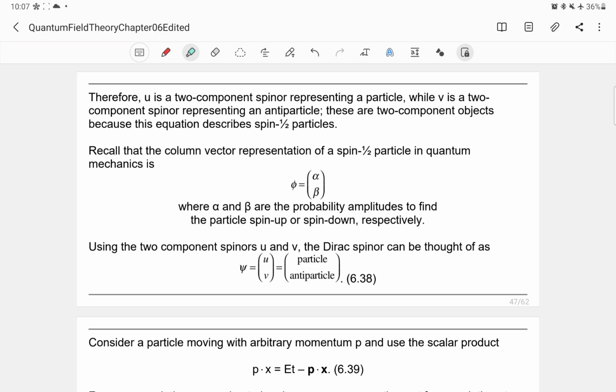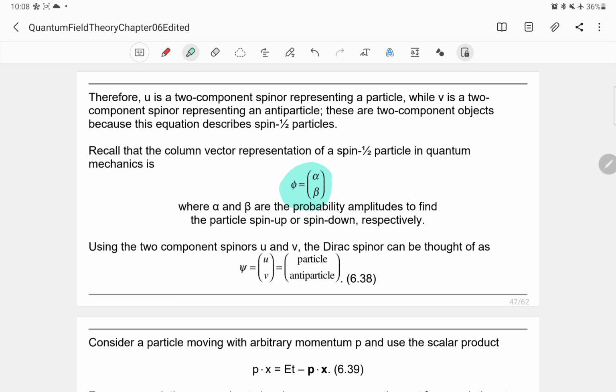In quantum mechanics, spin one-half particles are represented by this one, which is just alpha and beta as the two components of the spinor. Alpha is the amplitude to find the particle spin up, and beta is the probability amplitude of finding the particle spin down.